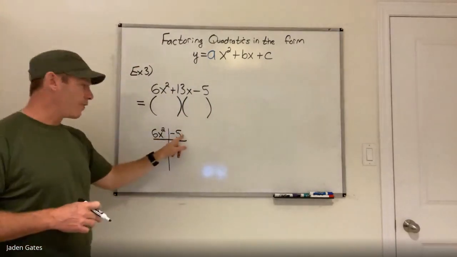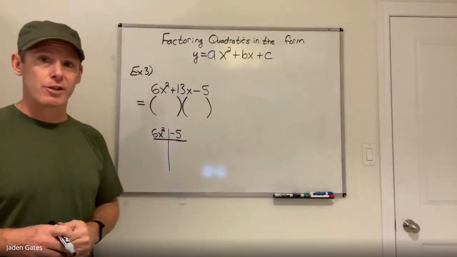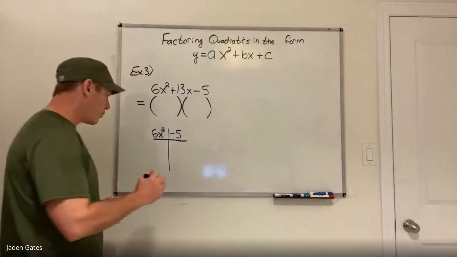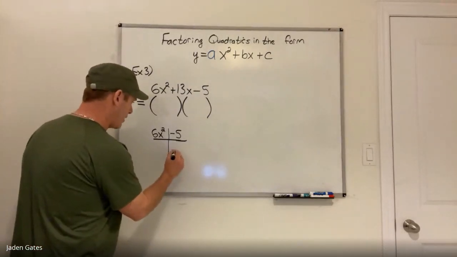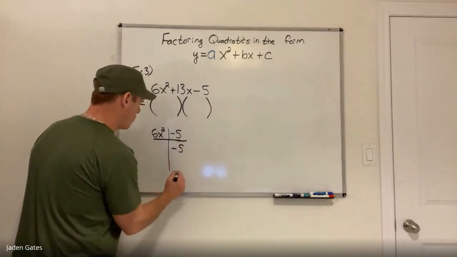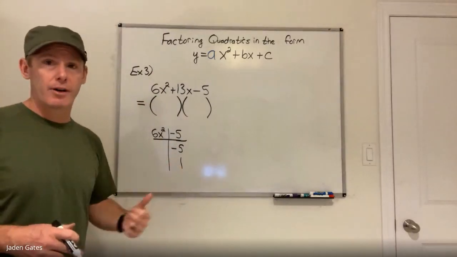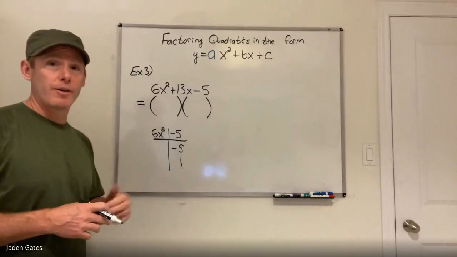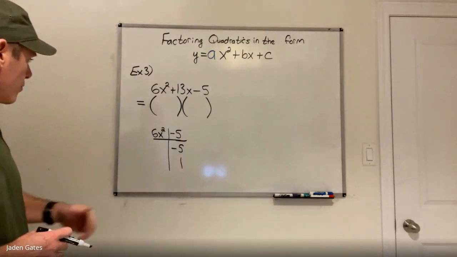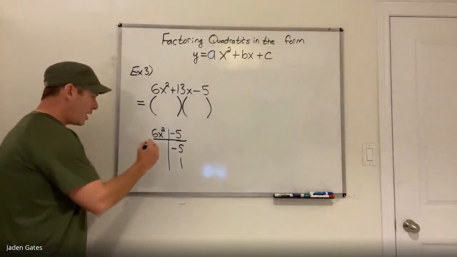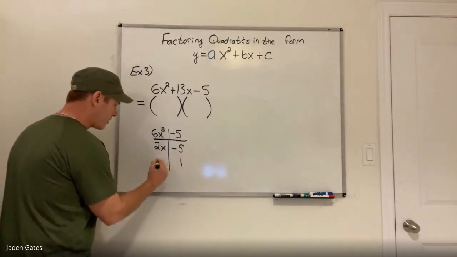So I know with -5 here, look, there's not very many combinations that give me -5. So I'm going to try a -5 and a 1, because it's either one -5 and 1 or 1 and -5. Or sorry, -1 and 5. So let's see here. So now 6x squared. Let's go with 2x and 3x.